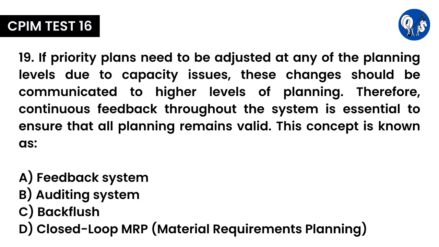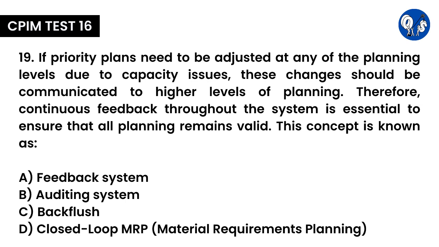Question number 19. If priority plans need to be adjusted at any of the planning levels due to capacity issues, these changes should be communicated to higher levels of planning. Therefore, continuous feedback throughout the system is essential to ensure that all planning remains valid. This concept is known as A. Feedback system, B. Auditing system, C. Backflush, D. Closed loop material requirement planning.